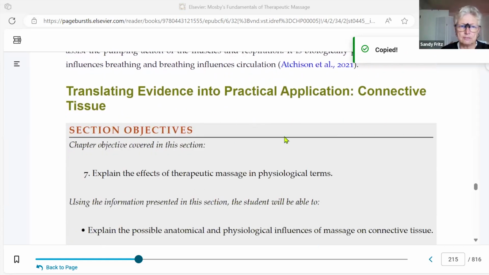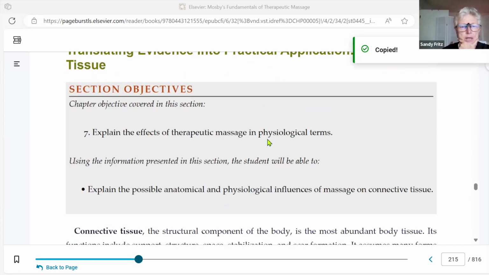And then connective tissue. This would be particularly targeted in a specific approach. Sometimes you would hear the term myofascial release.